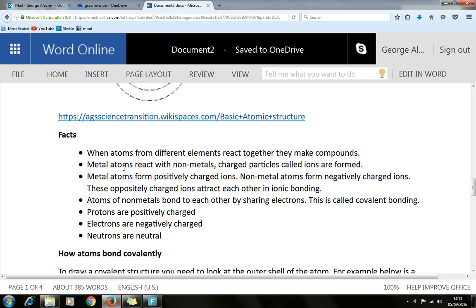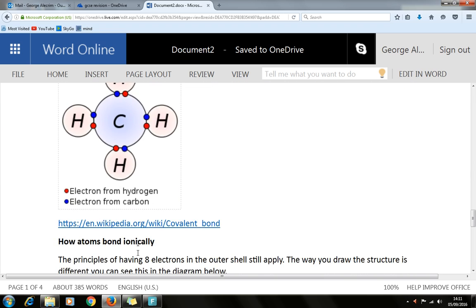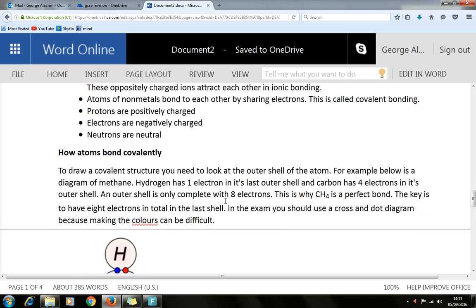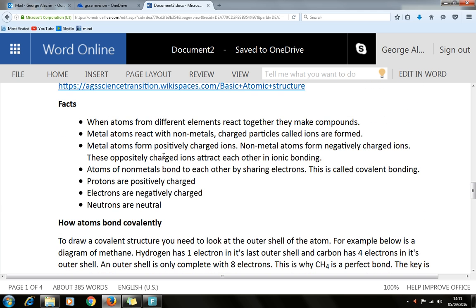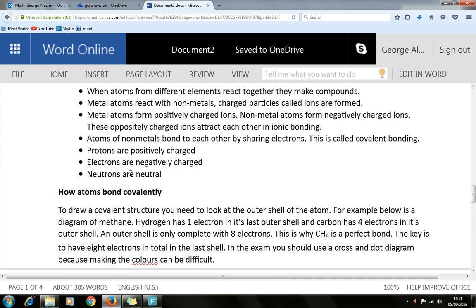These things help you when we talk about covalent or ionic bonding, forming positive ions, etc. Atoms of non-metals bond to each other by sharing electrons, and you'll need to know how to draw these. And electrons are negatively charged, etc.